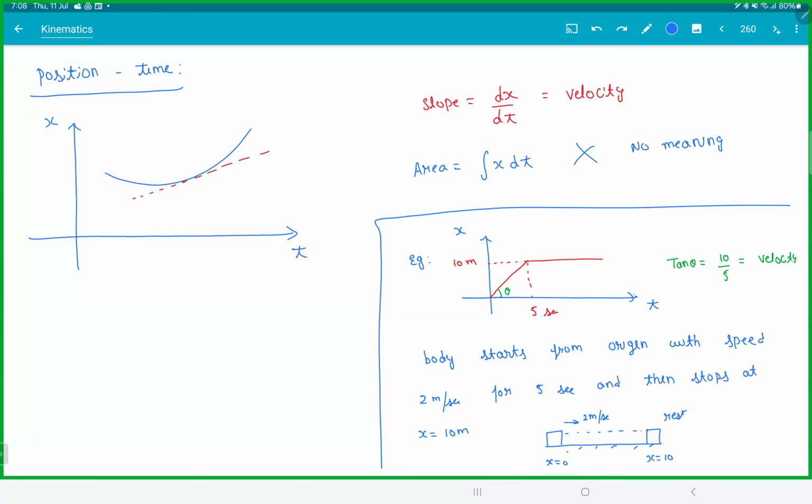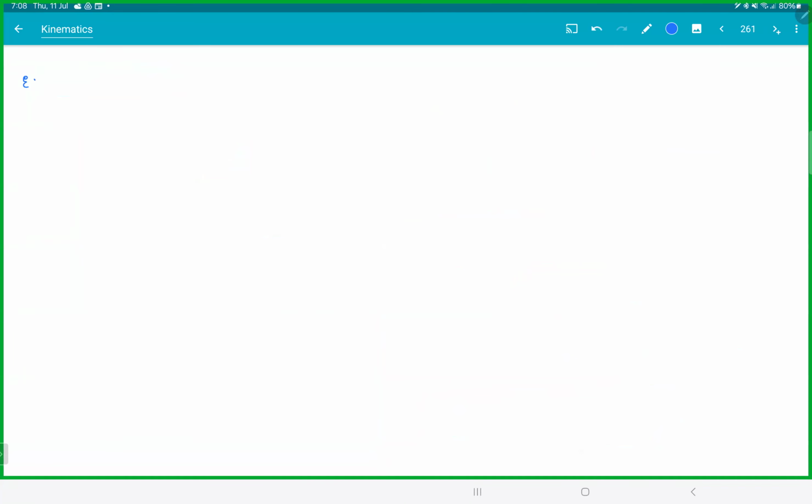Let me give you one more example. What can you tell about this graph?